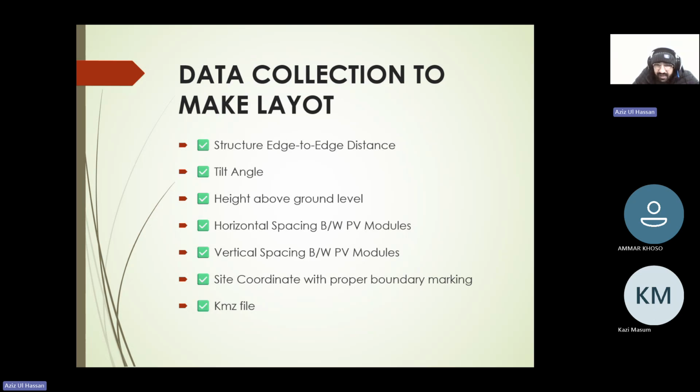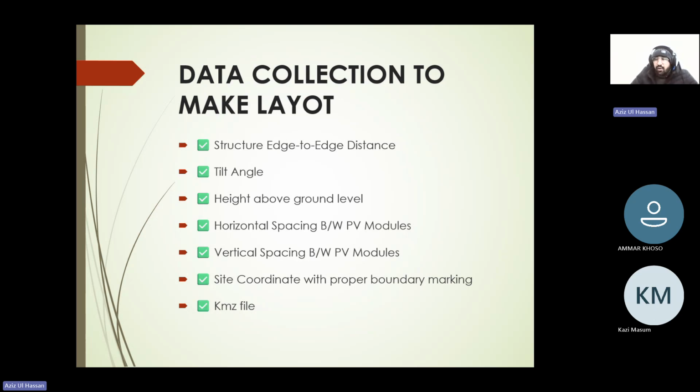Site coordinates, KMZ files. This KMZ file is very important to make the PVsyst and the layout, because if we don't have the KMZ, we don't have the proper site coordinates or the proper boundary of that area, if we are working at ground level.